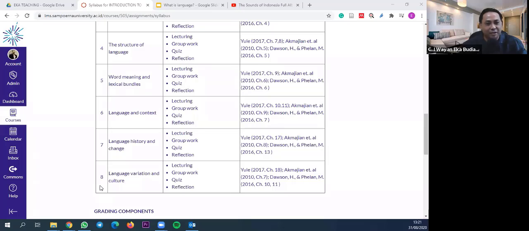Of course, you can make an analysis related to whichever part you are interested in. If you are interested in language and culture and language and context, then you can talk about that a lot. If you are interested in the structure of language, then you can also talk about that. Or if you're interested like me, and want to discuss a lot about lexical, word meaning, lexical bundles, you can also talk about this.